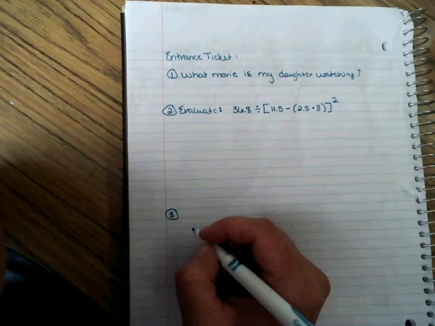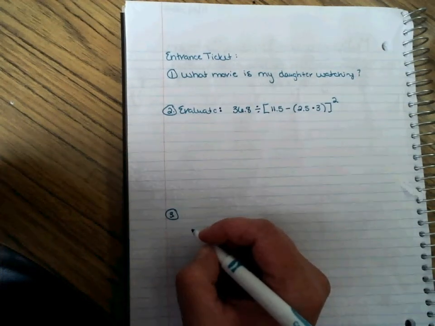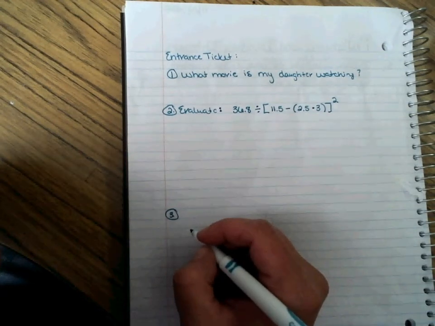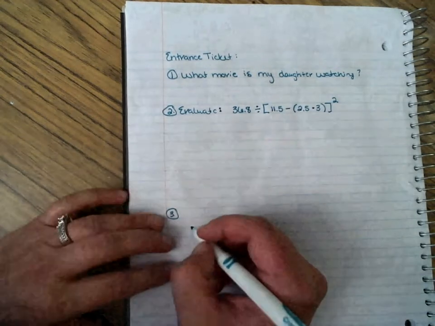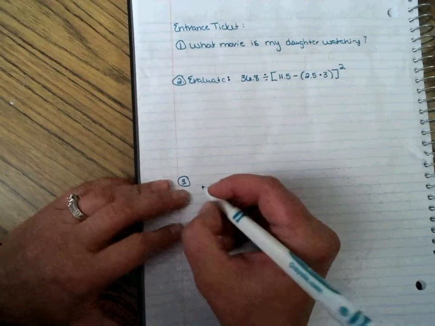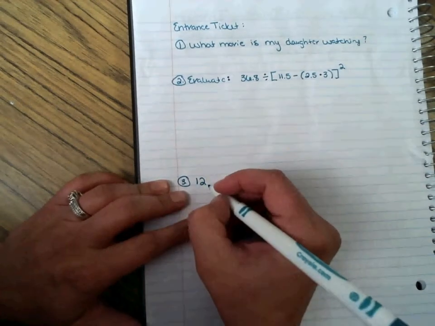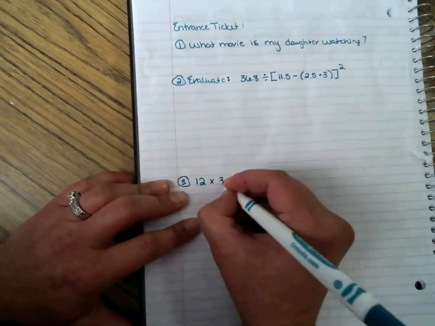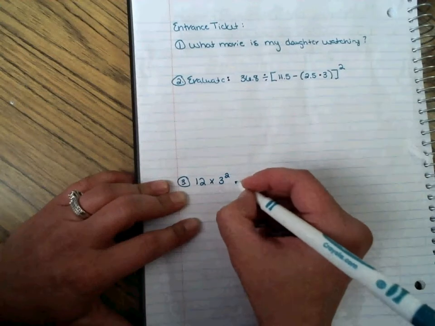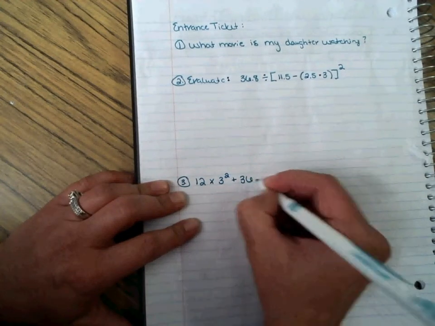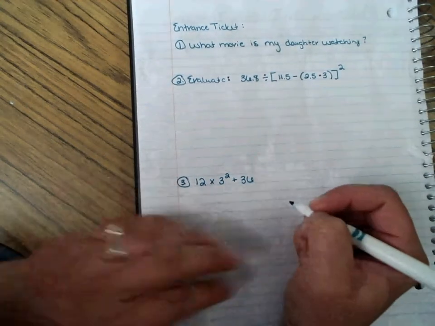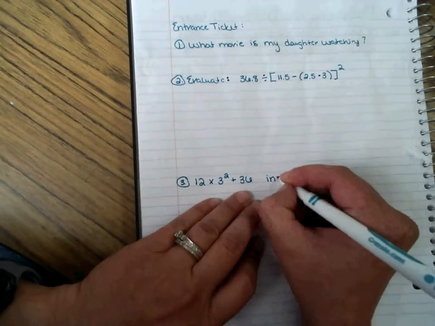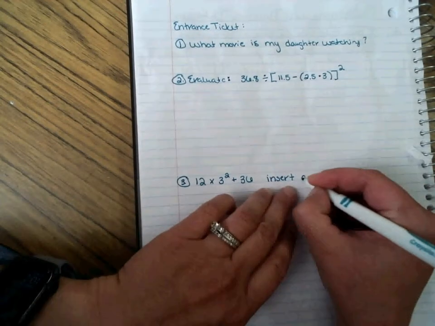Leave you lots of room here because you're going to need quite a bit. And then number 3. Okay, number 3. Now this one's a little different. So I've got 12 times 3 to the second power plus 36. Okay?